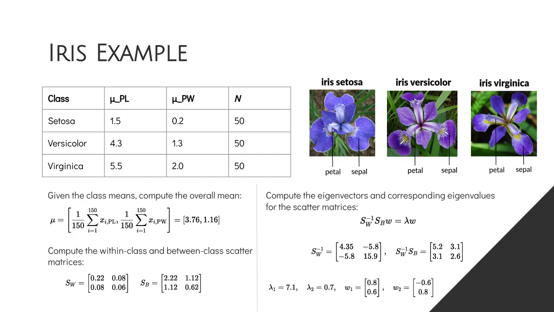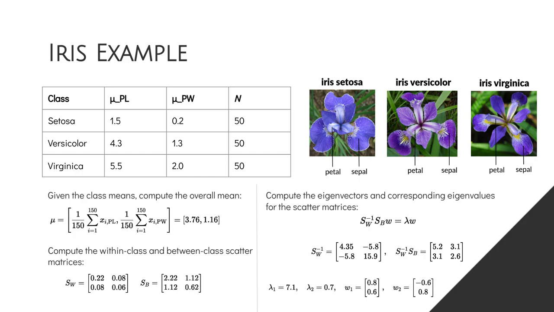We can first compute the matrix, then solve, and the resulting 2 eigenvalue/eigenvector pairs have eigenvalues 7.1 and 0.7. Recall that we're picking k-1 eigenvalue/eigenvector pairs, and k is equal to 3, so we just pick 1. We also pick the larger eigenvalue, since that represents a larger magnitude of separation.